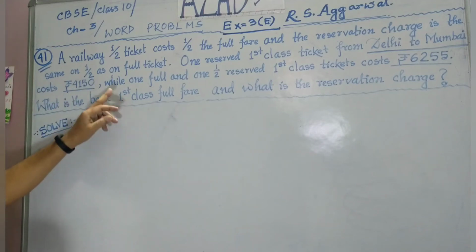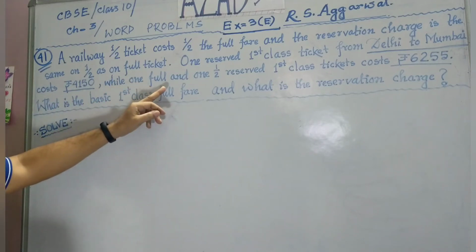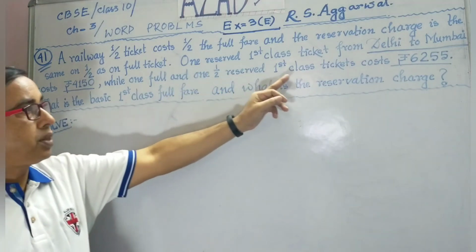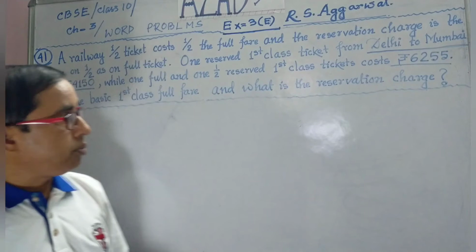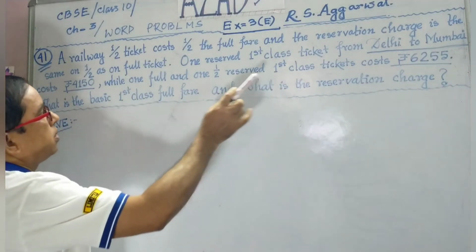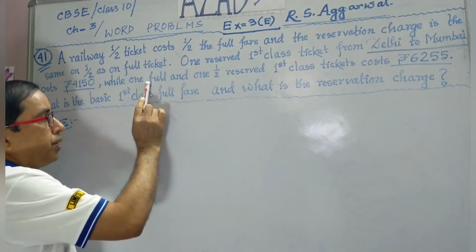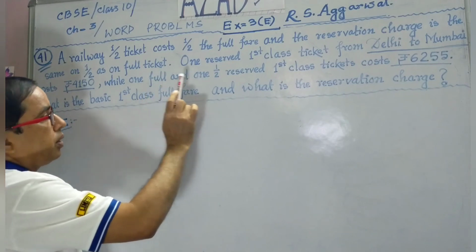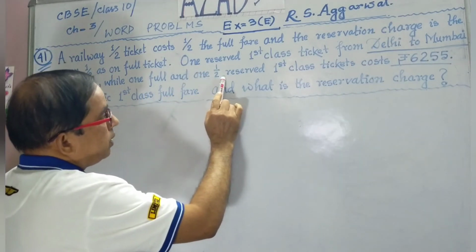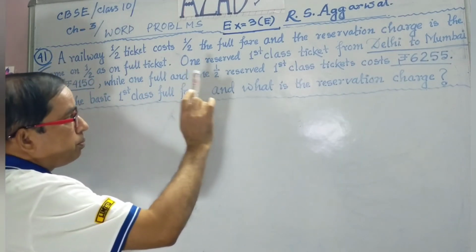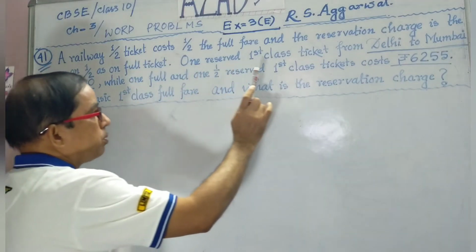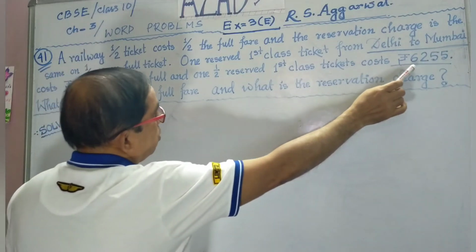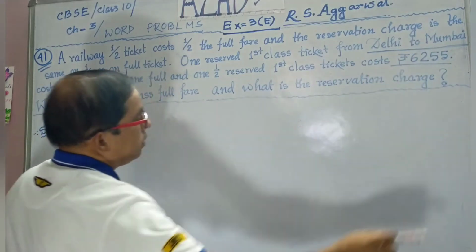In second case, one full and one half reserved first class ticket costs rupees 6255. That means in this case there was one full first class ticket and another was half ticket, but the person has to pay the reservation charge for the full ticket and also for the half ticket, and the total cost is 6255.